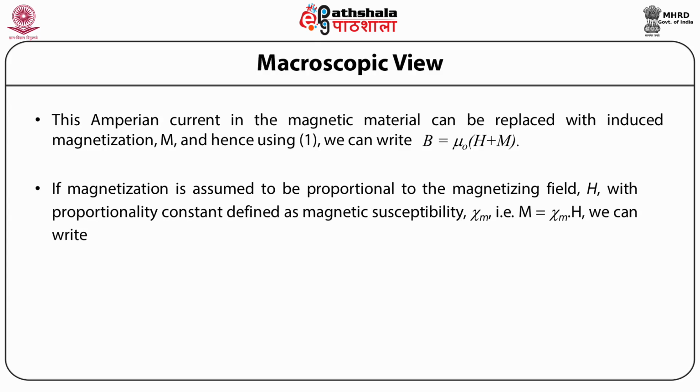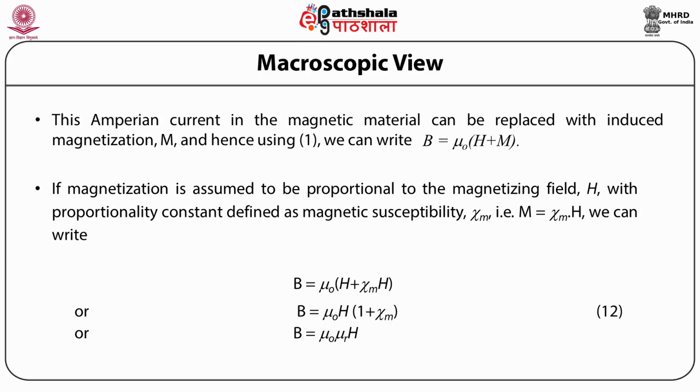If magnetization is assumed to be proportional to the magnetizing field H with a proportionality constant, which is defined as magnetic susceptibility, that is chi m, M is equal to chi m multiplied by H. Hence, we can write B is equal to mu naught bracket H plus chi m H. And taking H common, B is equal to mu naught H multiplied by 1 plus chi m.